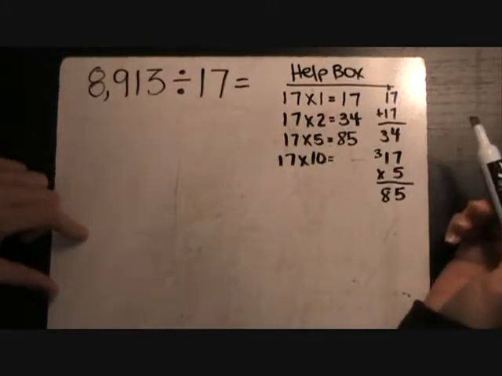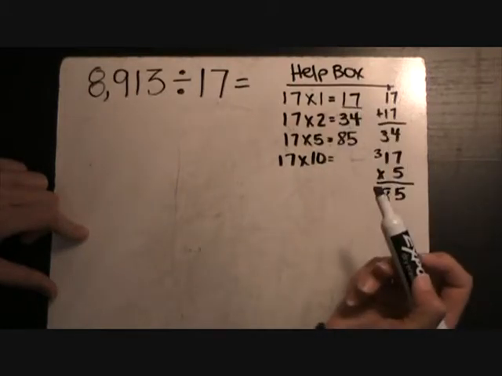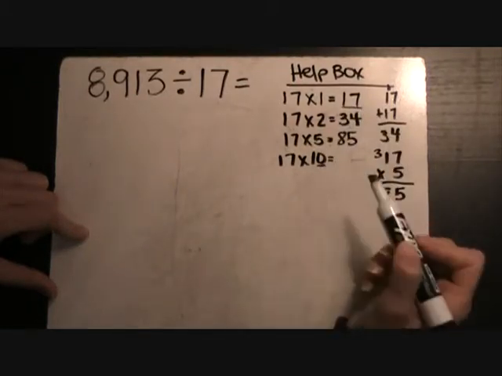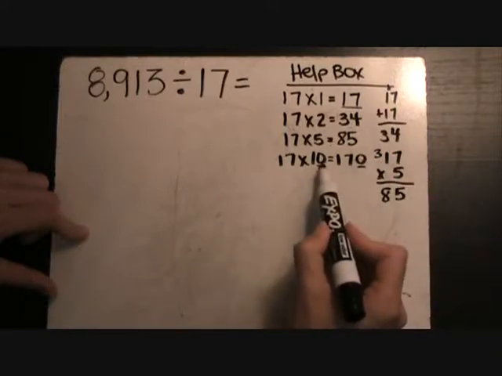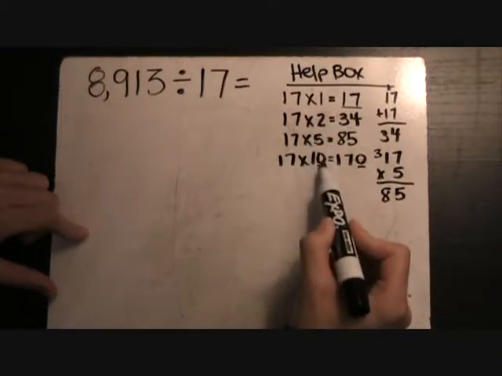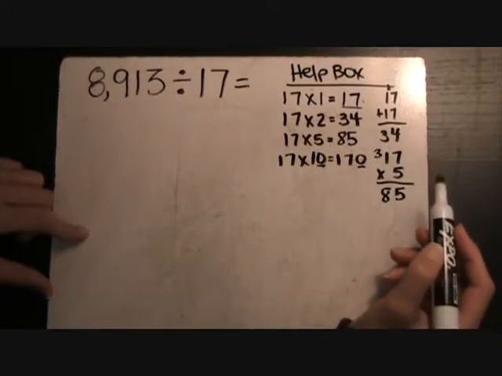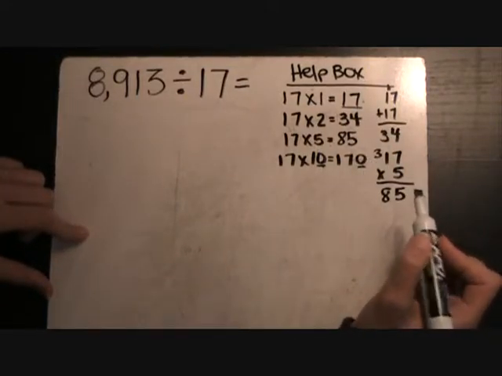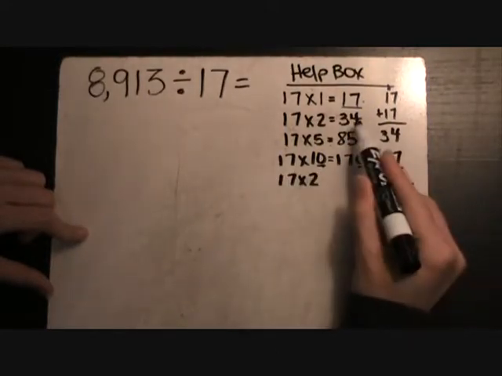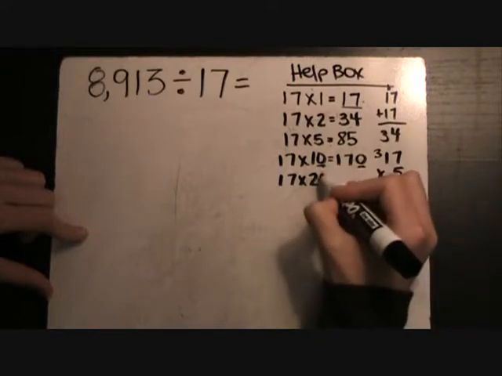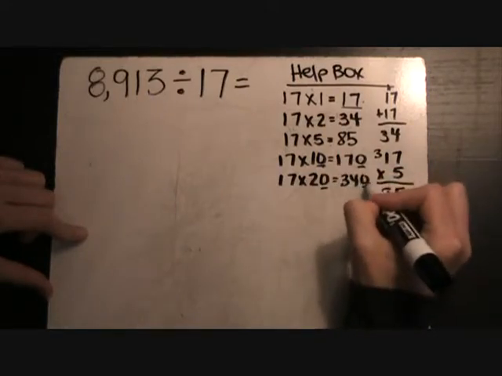17 times 10 is very easy because 17 times 1 is 17. 17 times 10 would be 170. Notice here it's the same thing except for a 0 on the end of your answer. You just add a 0. 17 times 2 was 34, so 17 times 20 would give me 340.